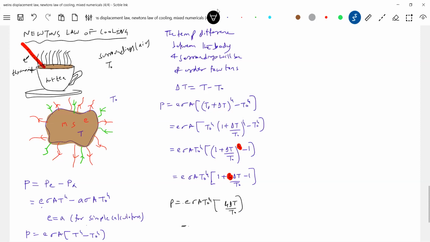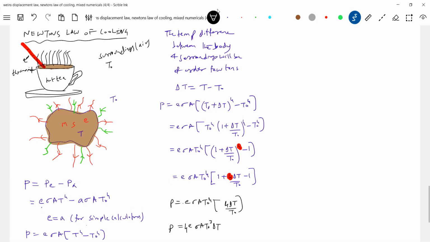One T naught gets cancelled. So P equals 4 E sigma A T naught cube delta T. Okay, this equation is better remembered. At so many places, it is going to help us a lot.